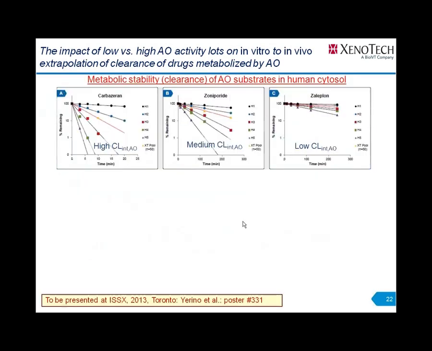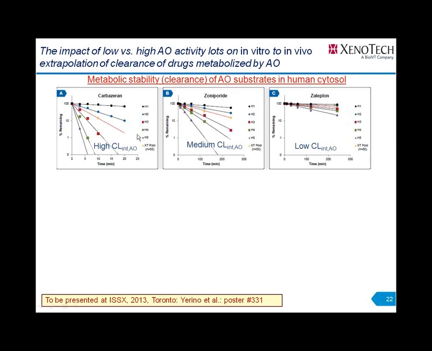So diving straight into the data, this slide depicts our initial data set with human cytosol. The top three graphs here depict, like Brian mentioned earlier, the classic substrates that have high, medium and low AO intrinsic clearance: carbazeran, zaniparide, and zaleplon, respectively.